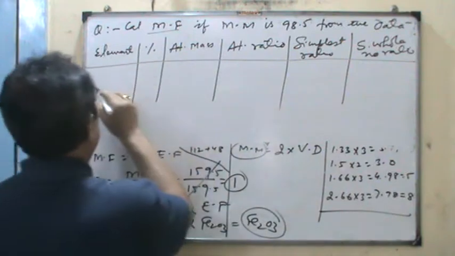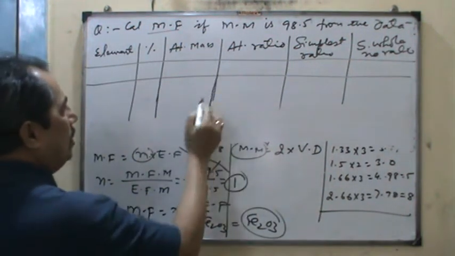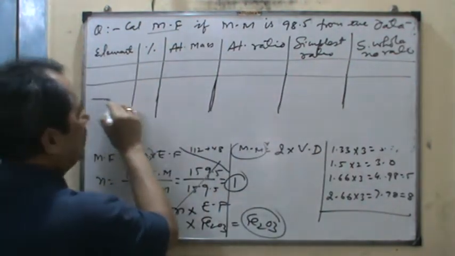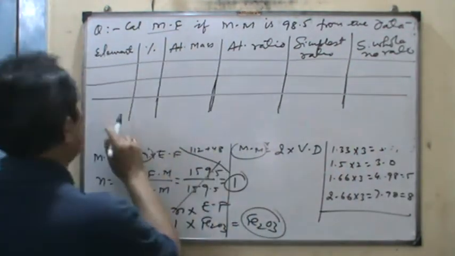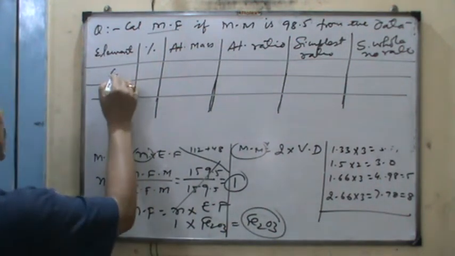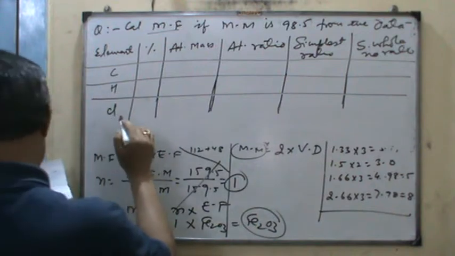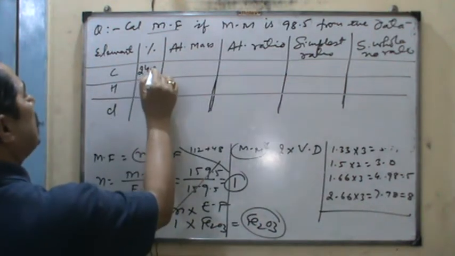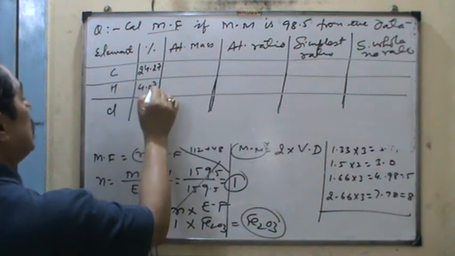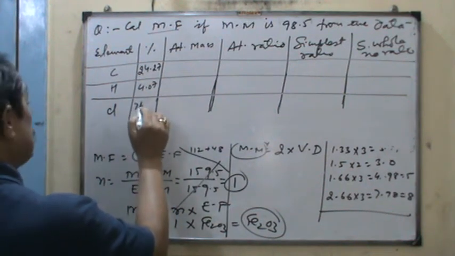Right, now let you go through the question. I will just read the data. The question is, carbon is 24.27, hydrogen is 4.07 and chlorine is 71.65.